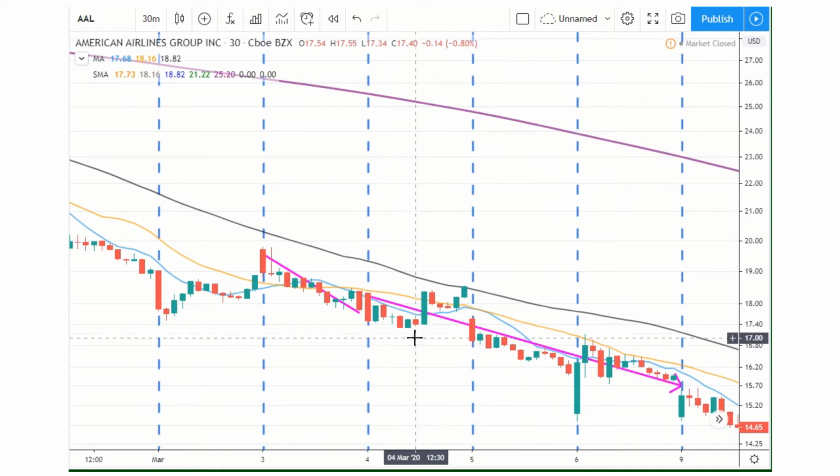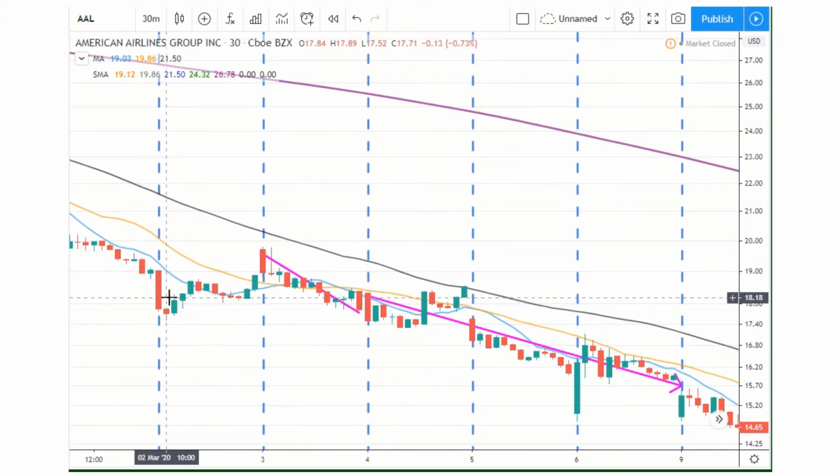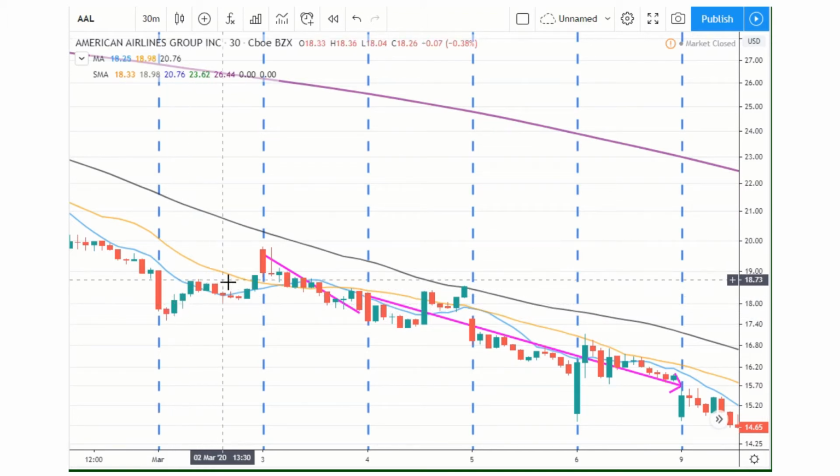So every candle you see here symbolizes 30 minutes. So this is the 9:30, the opening of the stock market. This candle then, the smaller red candle, would be 10 o'clock. The green one would be 10:30, and so on. And it continues into 30-minute increments until the market closes.